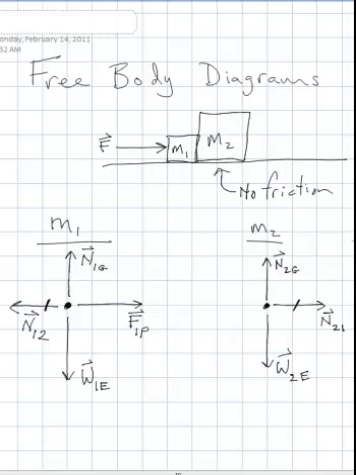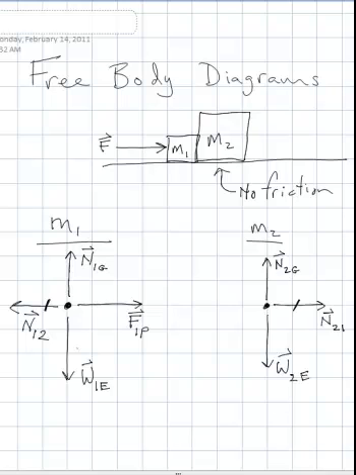You cannot have a Newton's third law pair within one free body diagram, because all the forces in one free body diagram are the forces on that object. And a Newton's third law pair is the force on one object and the force on another object that's interacting with it. So you have to be in two separate free body diagrams. If the weight on 1 is a Newton's pair with something else, it would have to be with the Earth.